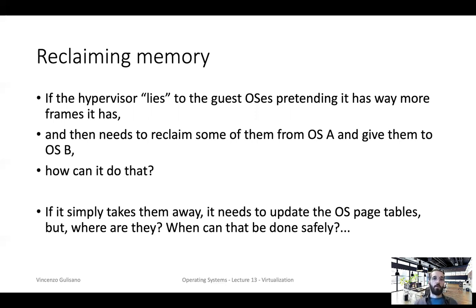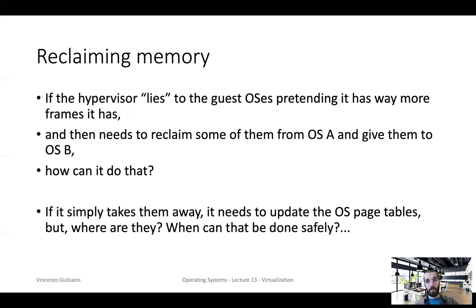The problem now is, what if the hypervisor needs to reclaim some of the frames that it assigned to a certain operating system because another operating system needs more frames? How can it do that? It's similar to what you need to do when you need to move frames from one process to the other. The problem is that now you don't have an operating system that sees the hardware directly and can make decisions.